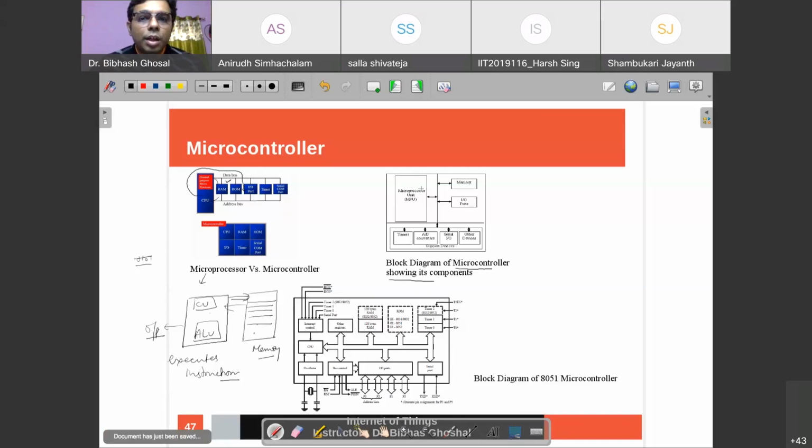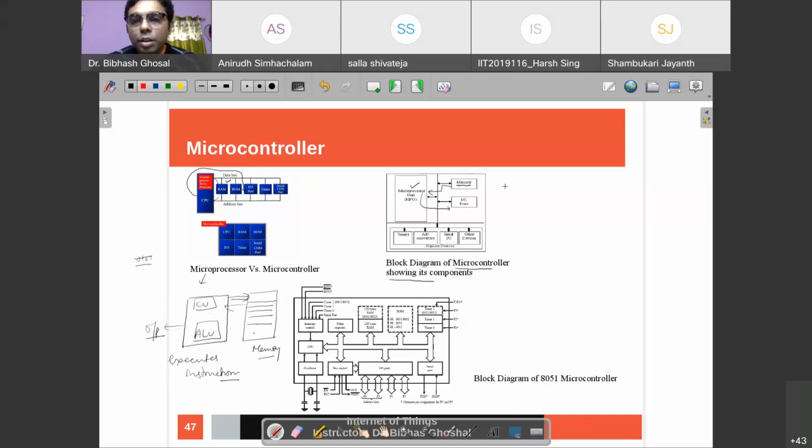And there you see that in this single block, you have a computing unit, which is the microprocessor that executes instructions. The mechanism remains the same. There is a memory. It reads the instructions from the memory. And if it has to send something, it sends the output via the IO ports. But everything is inside: the IO ports, the memory, the processing unit, that is the microprocessor unit. Everything is hosted in one single block.